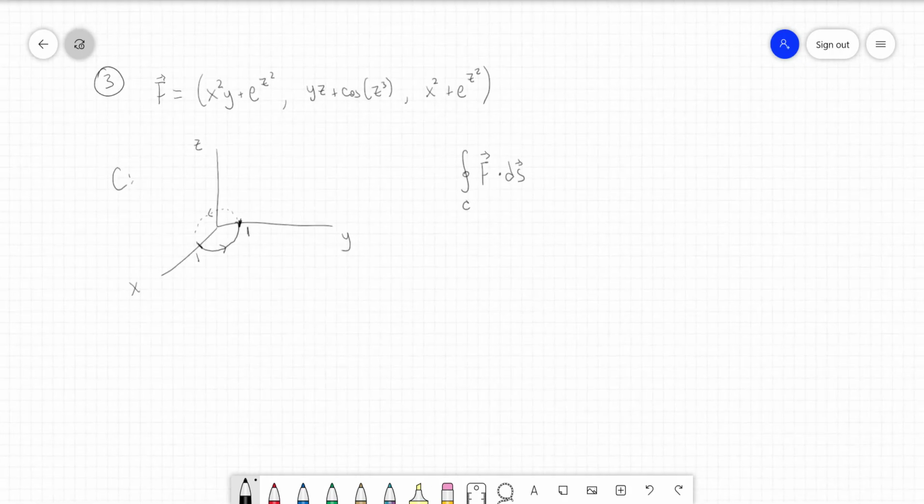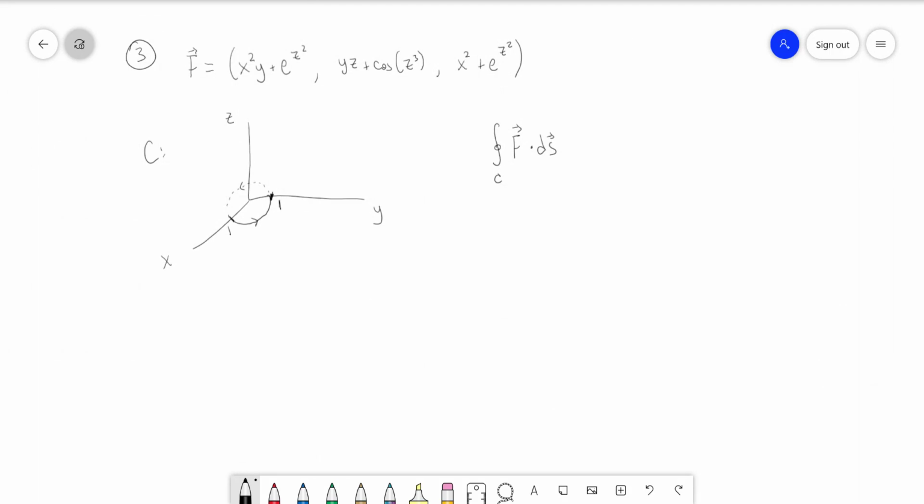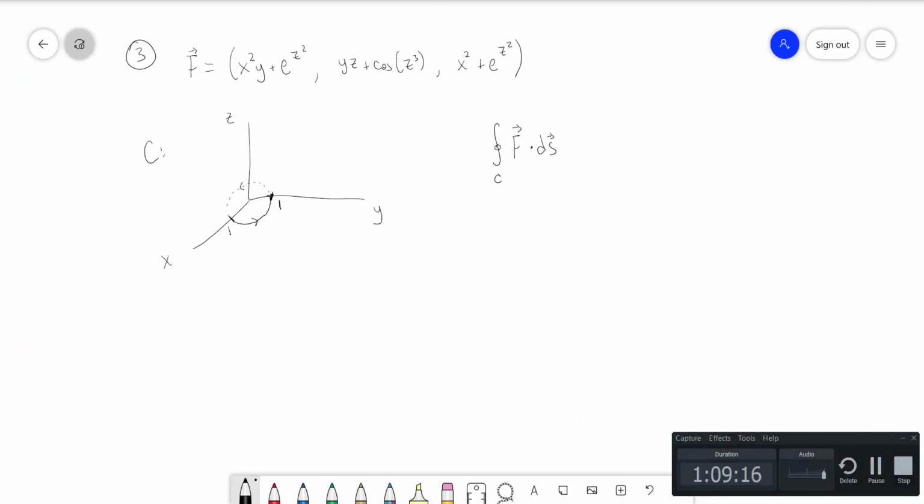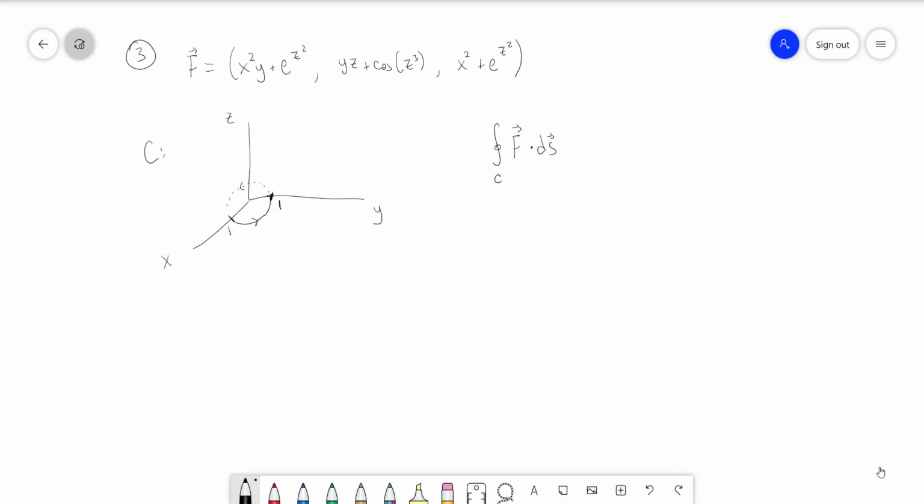So just like in problem 1, there are 2 ways that we can approach this problem. And again, probably one way is really messy and one way is going to be much nicer. But nevertheless, I'm going to go over both methods, all right? So method 1 would be to just evaluate this line integral directly.